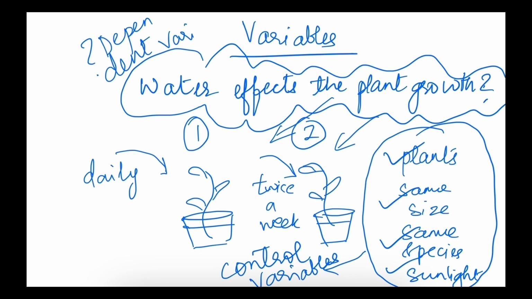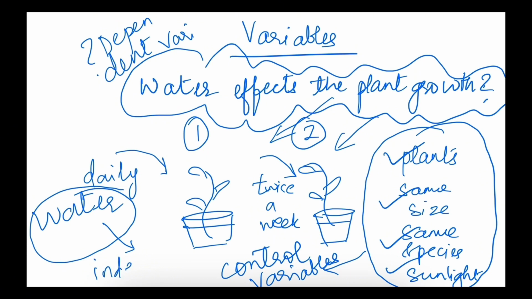Then you saw that something we changed in both the experiment. What was that? Correct. Water. Water was changed in both the experiment. So some things, some factors that are changed in the experimental setup is called independent variable. What is it called? Independent variable.